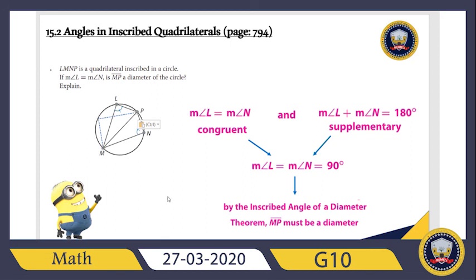What do you think about it? L is still a right angle, no problem. But is this shape now a kite? No, because this length here is not equal to this. So it's only a kite when you are given that one of these lengths is equal to the other one.